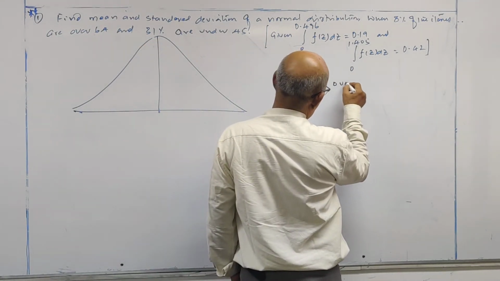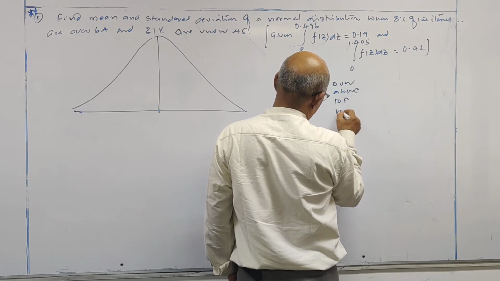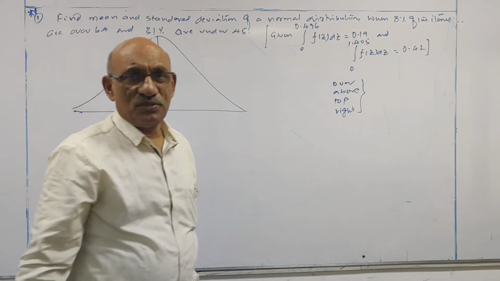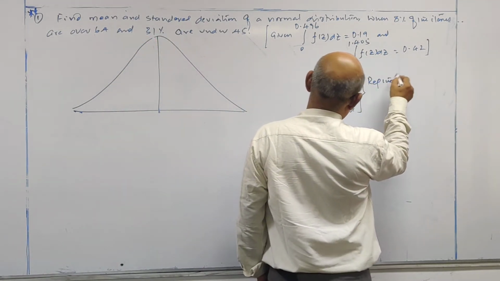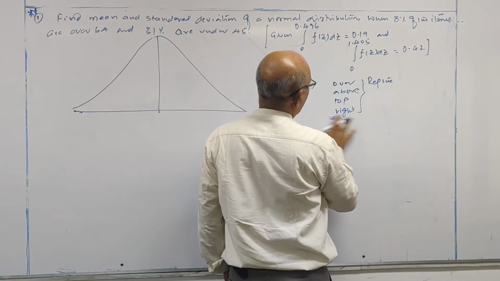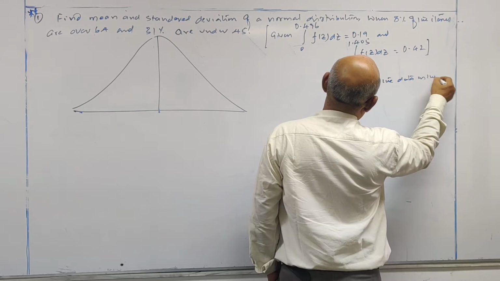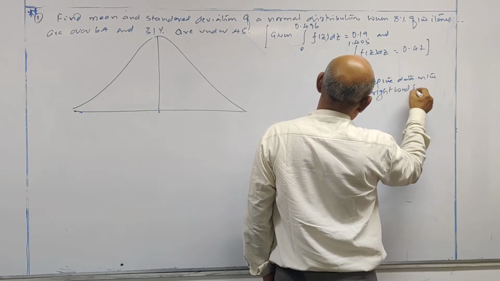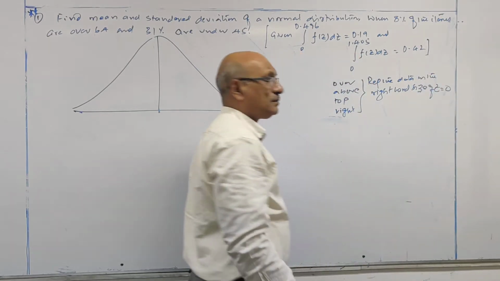If you notice, over, above, top, right, these terms represent the data on the right hand side of z is equal to 0.